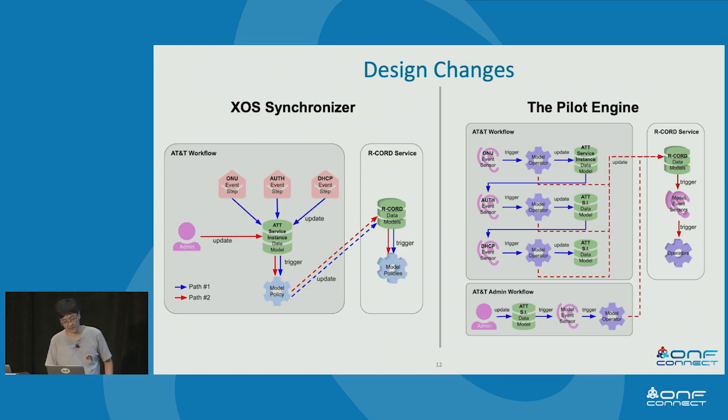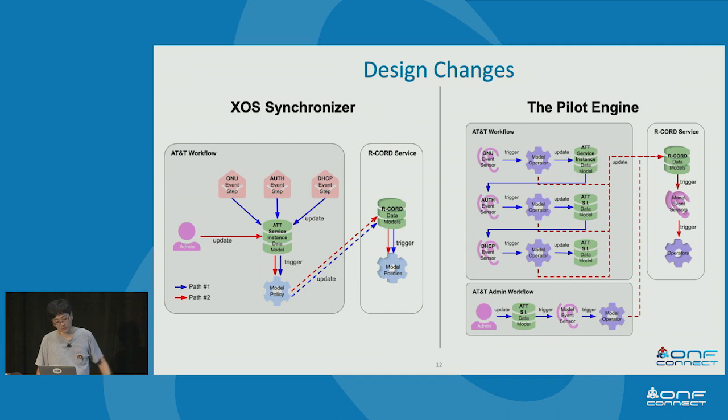Using the pilot engine, the AT&T workflow design also gets changed. Comparing to the XOS synchronizer-based workflow design, a workflow design using the pilot engine has a clear execution flow. For example, XOS synchronizer has 4 entry points, as you've seen above, 3 pings and 1 admin UI.